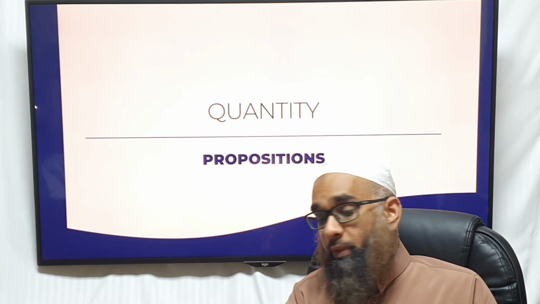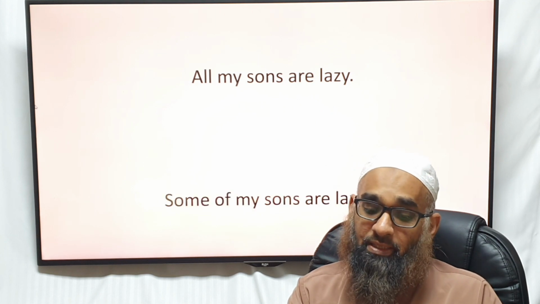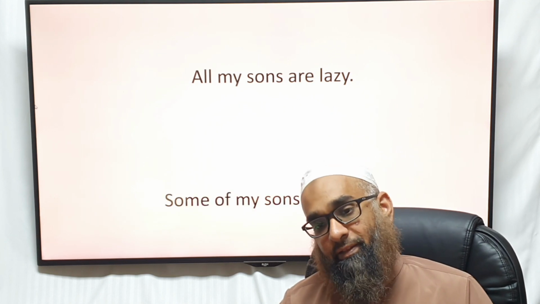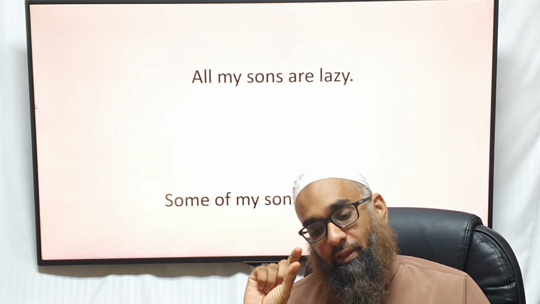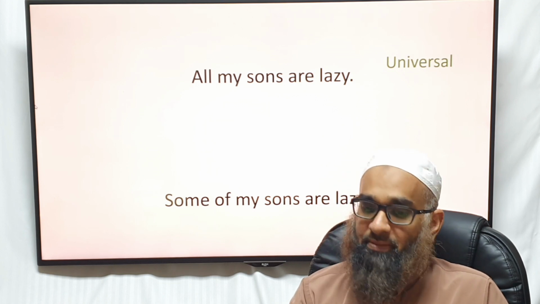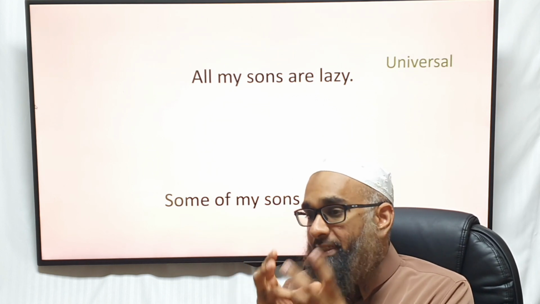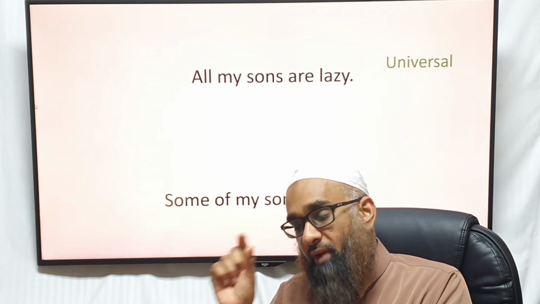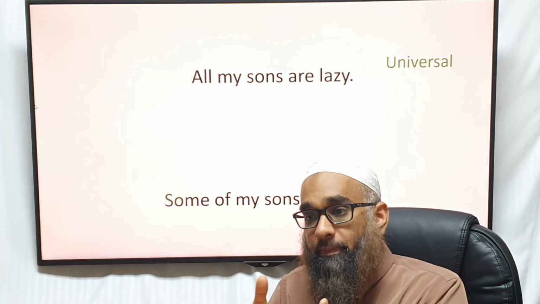The third quality is quantity. All my sons are lazy. Some of my sons are lazy. What's happening here? The quantifier is now changed. So is this proposition universal? What does universal mean? That the subject is talking about every one of that category. So wherever the mawdu is, it encompasses all of the elements.